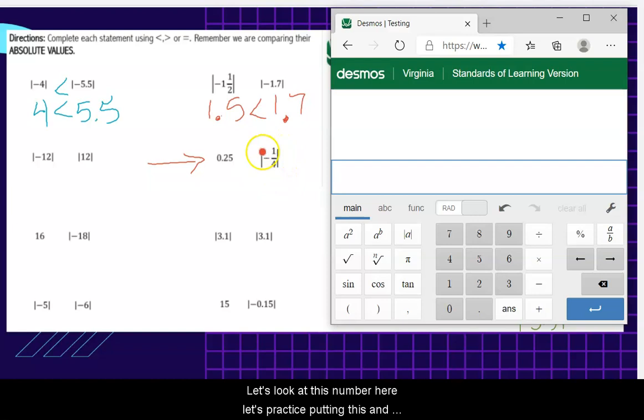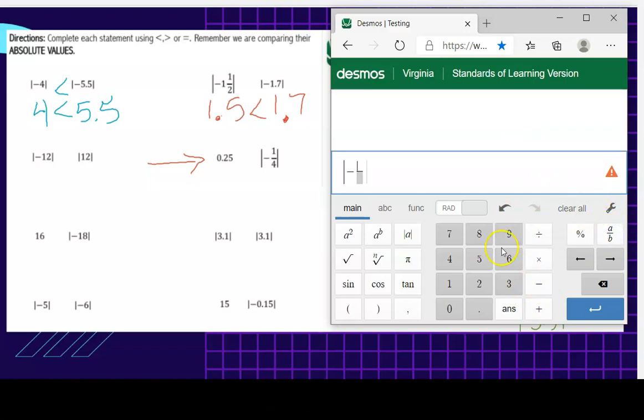But let's look at this number here. Let's practice putting this in using our Desmos calculator. So I'm going to click on the absolute value of A. I'm going to click on the A over B, the fraction key. But first, let's put our negative. I'm going to put in the A over B, and I'm going to type in 1 over 2.